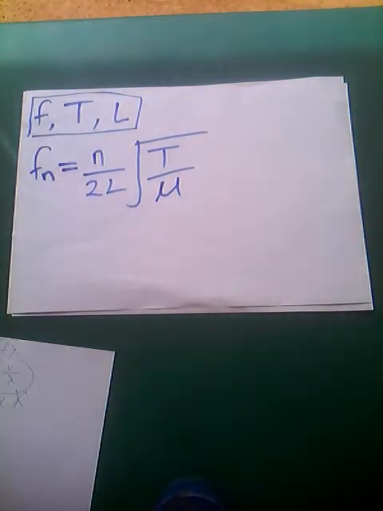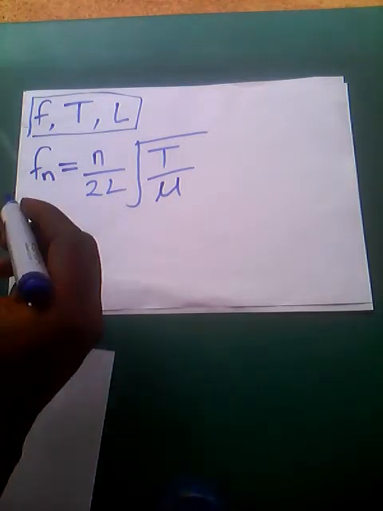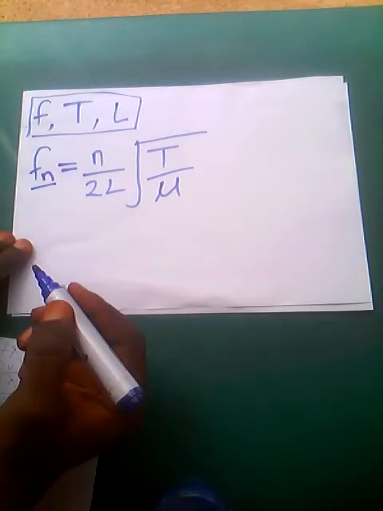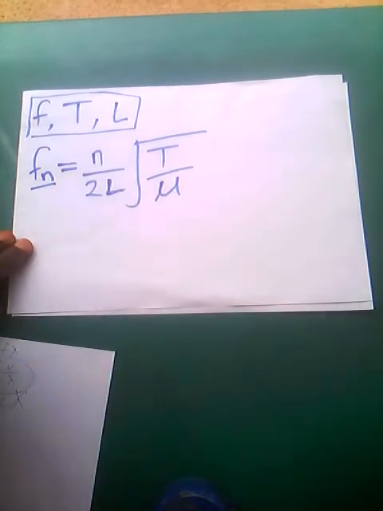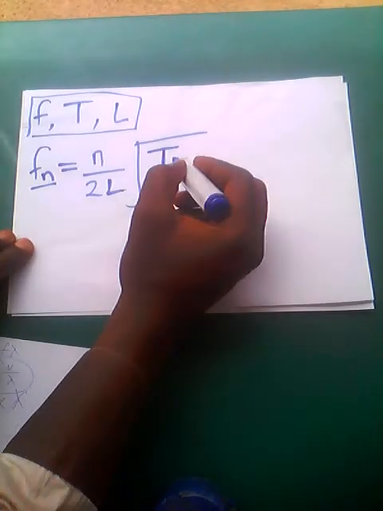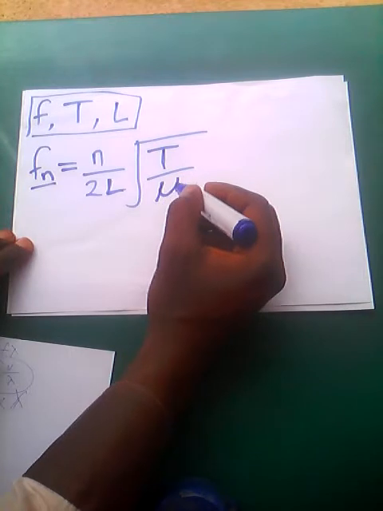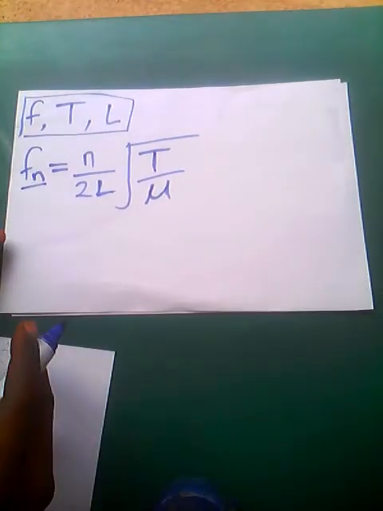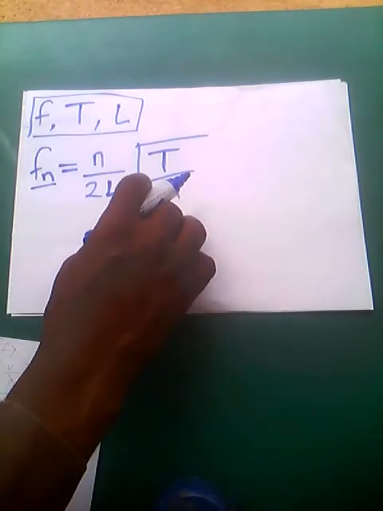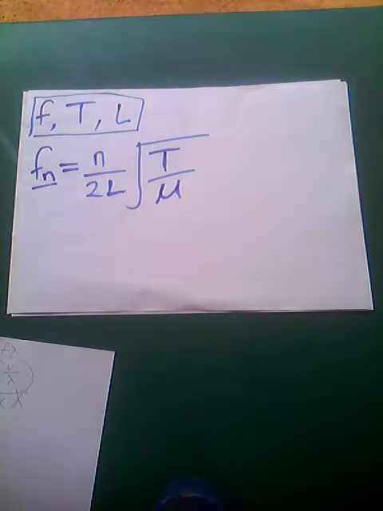F subscript n is equal to n over 2L root T over µ. This is a particular frequency. This is the length of the string. This is the tension in the string, and this is called linear density or mass per unit length. It is a constant, so we just have to know that.